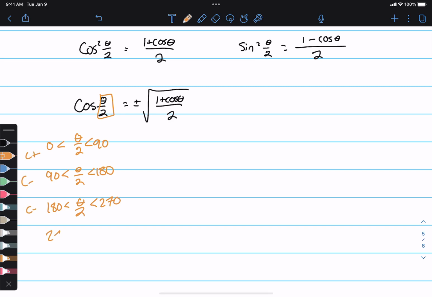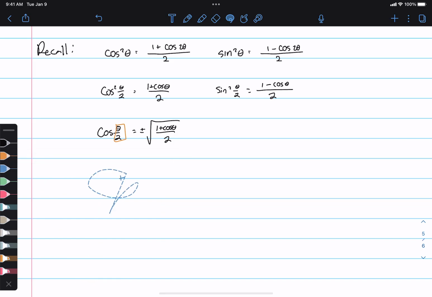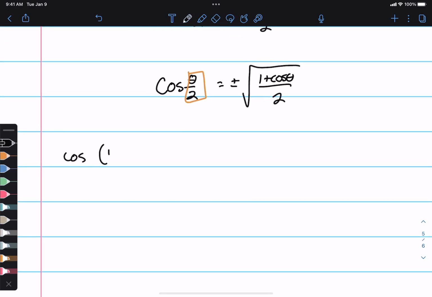And if it's between 270 degrees and 360 degrees, then that's cosine positive. And over here, sine is positive in the first quadrant and the second quadrant, but not the third or the fourth. So for example, if I'm asking you to find the cosine of 105 degrees, well, 105 degrees is going to be in the second quadrant, which means we're going to use negative.